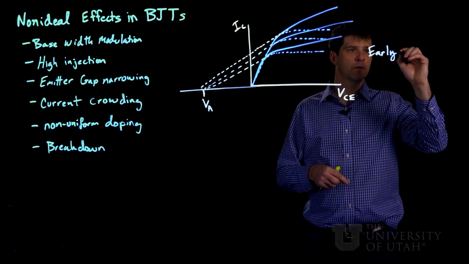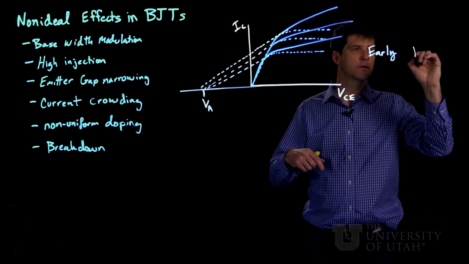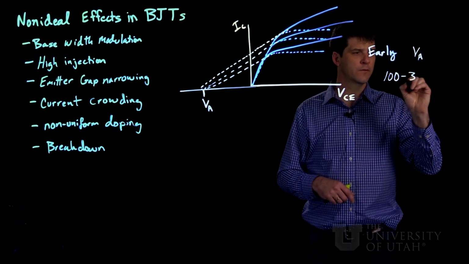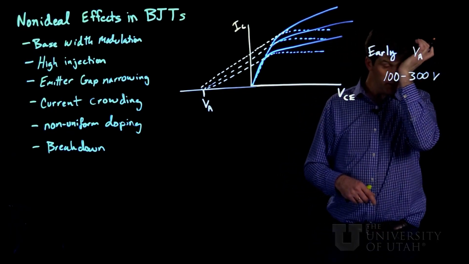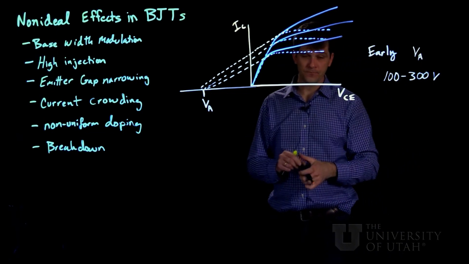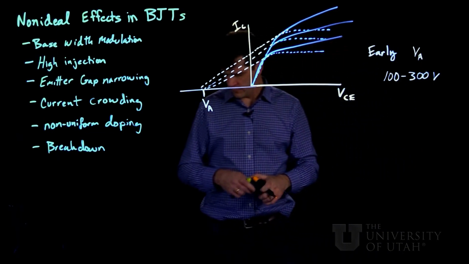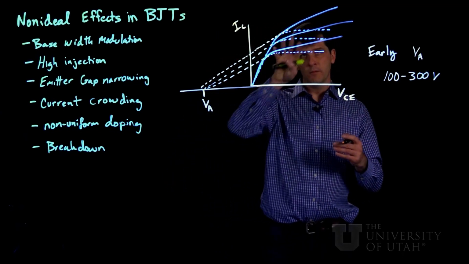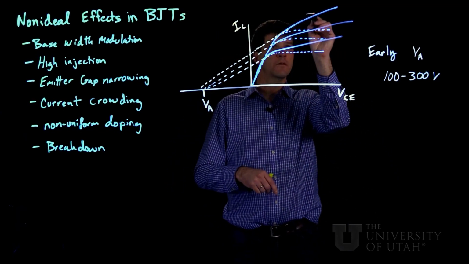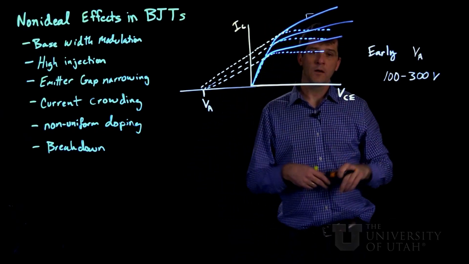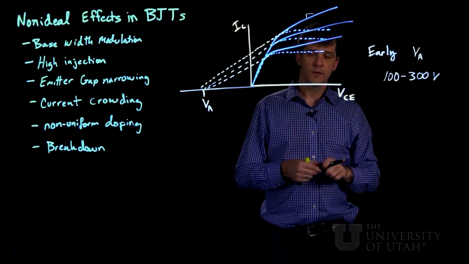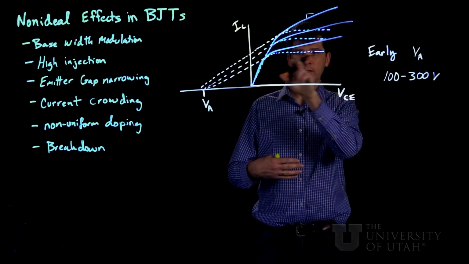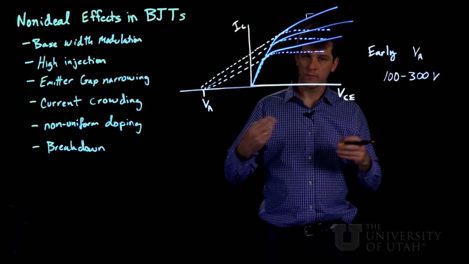So this VA is somewhere in the range of hundreds of volts, and it's defined as a positive quantity. So if we think about what this means, it means that the slope out here, or the equivalent impedance of the transistor, has gone from something that should be infinite to something that's very large but finite.